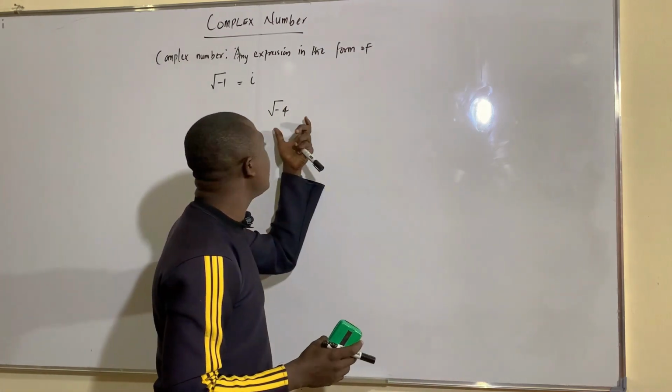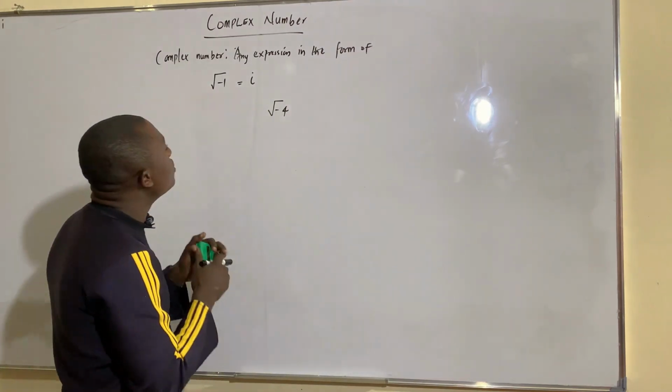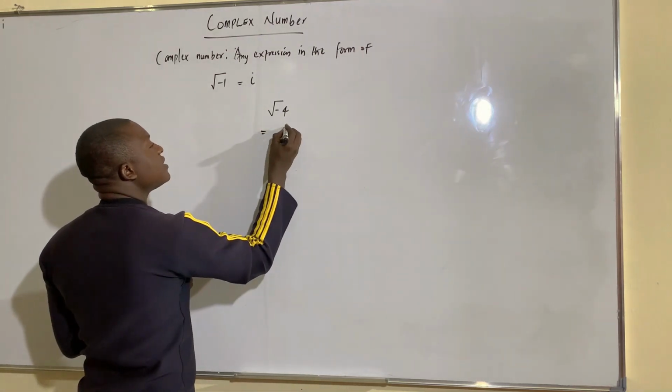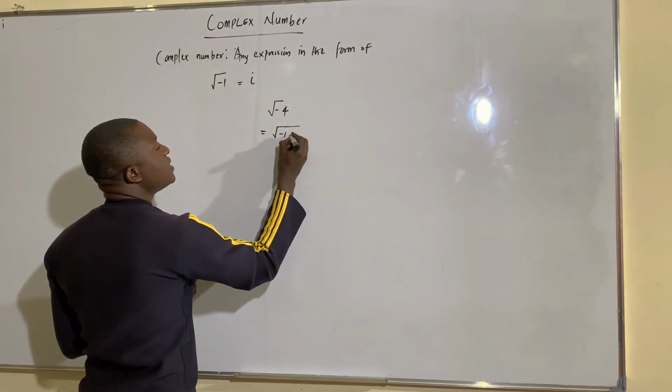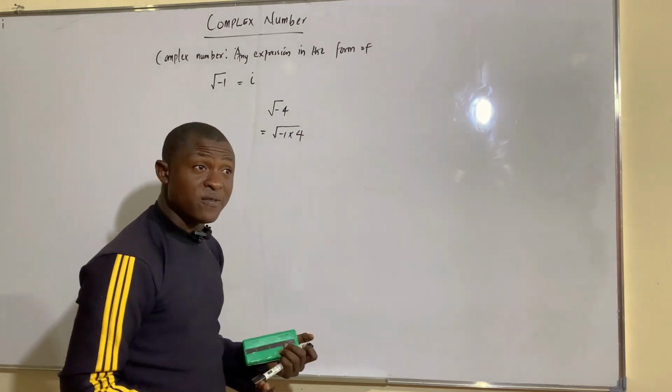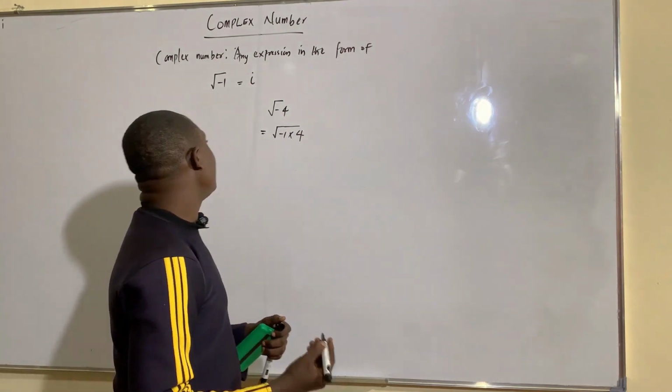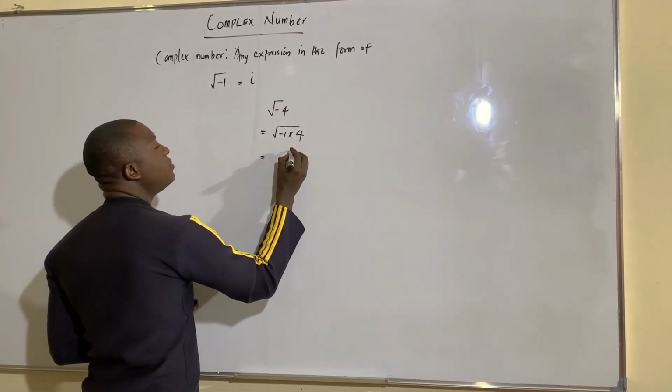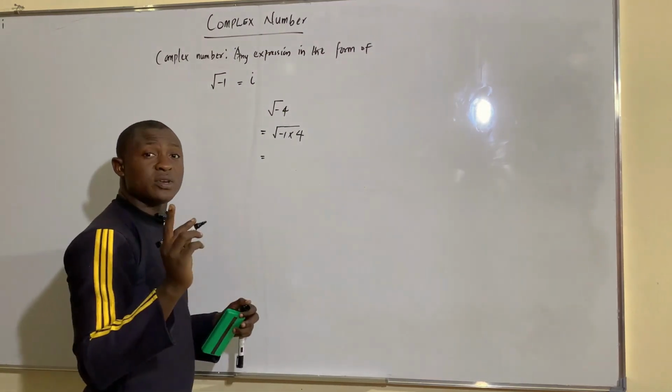So now, how can we break down this one? Using the same logic, I can write this as the square root of -1 multiplied by 4. If I multiply 4 times 1, of course, you are going to have 4. Now, here, I can break this into two.